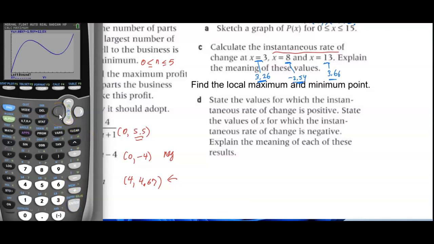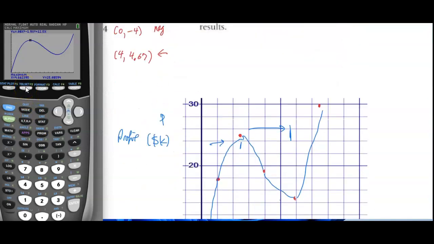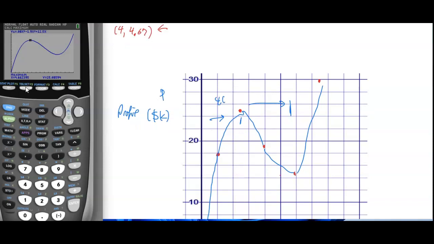And then we'll find what this point is. Enter, enter. So 4.66 and 25.1.